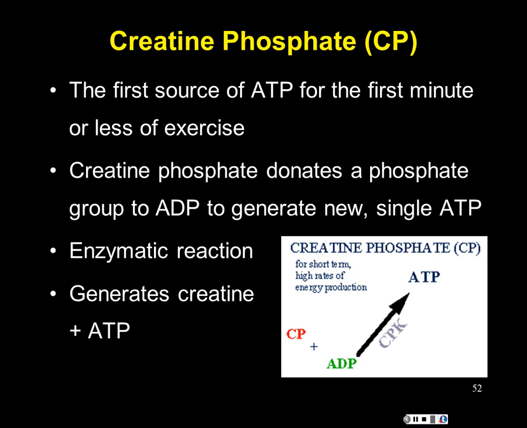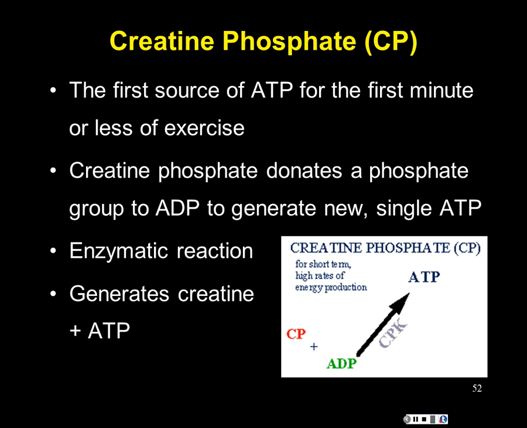Creatine phosphate kinase. Excellent. Kinase, remember the kinases? Enzymes that transfer phosphates. And this one's specific for creatine. Good job. So it's enzymatically controlled by an enzyme called creatine phosphokinase. Just substrate level. It just takes the phosphate from here, puts it over there, and it makes ATP for the cell very quickly.